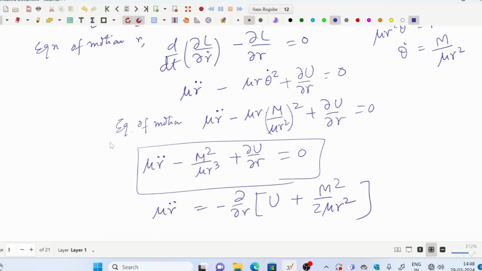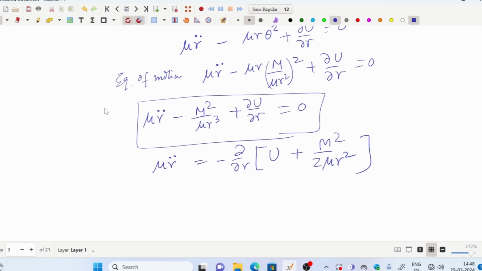And the left hand side I can write d/dt of mu r dot, and before that, let me multiply both sides by r dot.